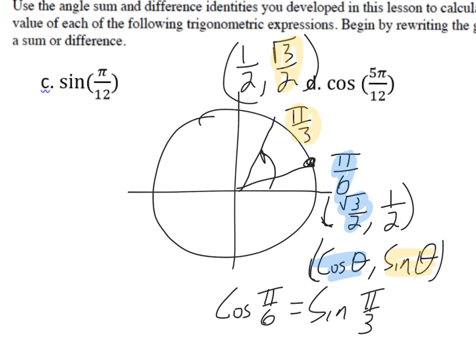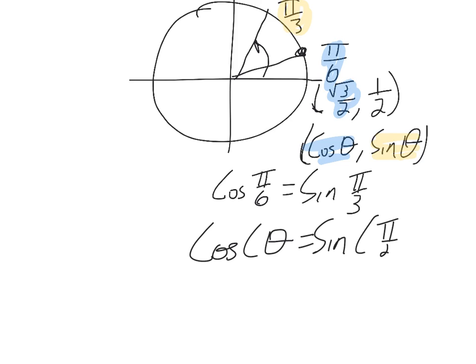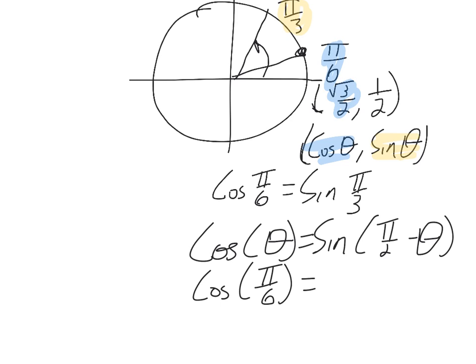which in reality is part of a property that says the cosine of theta is equal to the sine of pi over 2 minus theta. That is why the cosine of pi over 6 is equal to the sine of pi over 2 minus pi over 6, which is the sine of pi over 3.